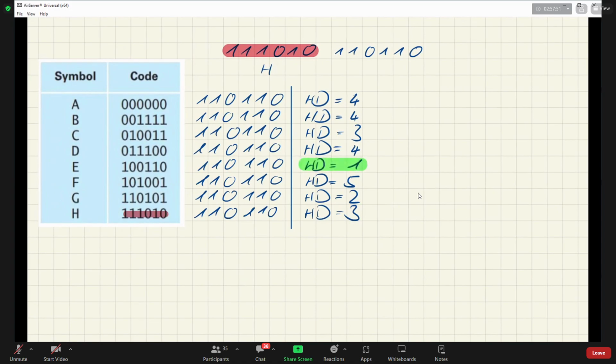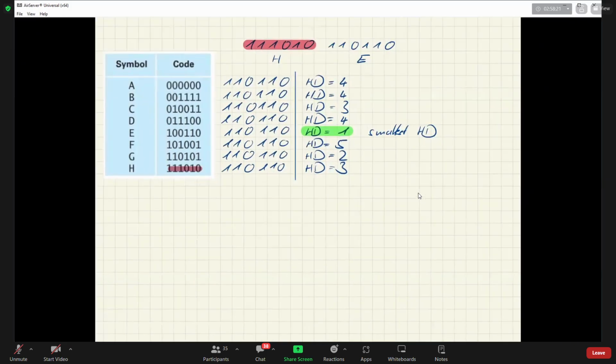So the E, that means we are replacing the received bit pattern by an E. Clear? Yeah. And you can now do the same with all the other patterns and identifying what you received there for the rest of the lecture. And then maybe next week we are checking the results.